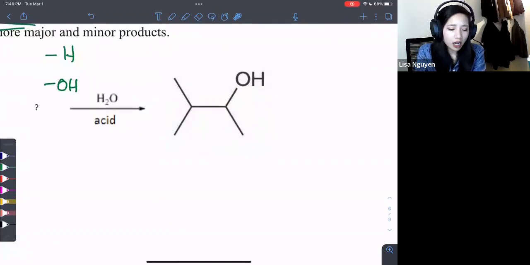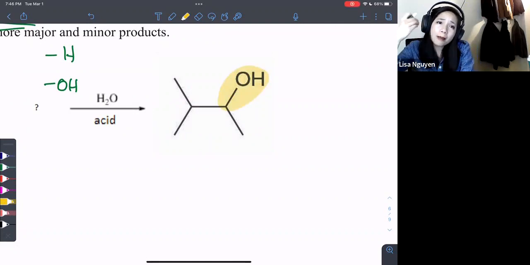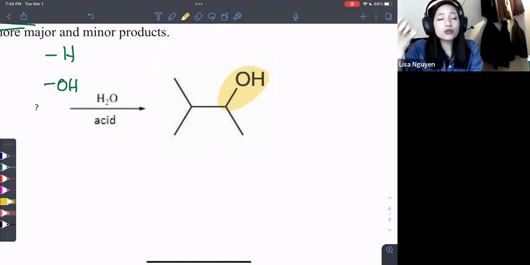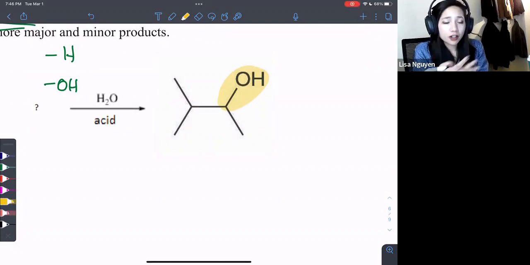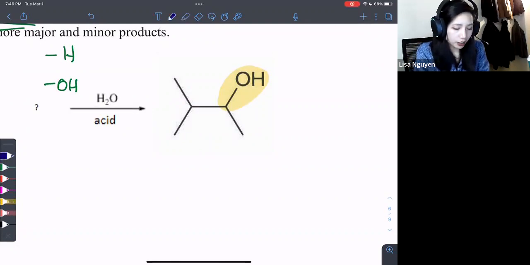So what I like to do is highlight all of the hydrogens in the molecule, in the product, and just do the opposite of a hydration. Remove a hydrogen and an OH group from the molecule and form a double bond instead, to figure out where that double bond can originate from.